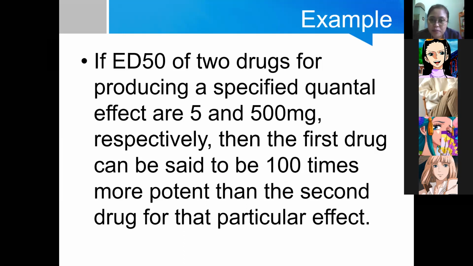Kasi syempre 5, tapos ang isa 500. Yeah, parehas lang sila og effect, whatever their effect is. So, mas potent jud tong 5 mg. Sa pharmacy, ano jud ta diri pagamayay og dose nga effective. We don't want a very large dose to be administered in our patient.